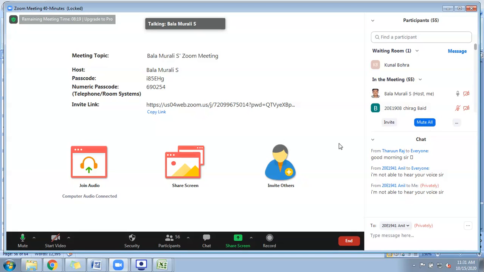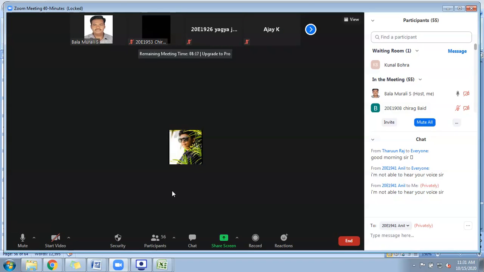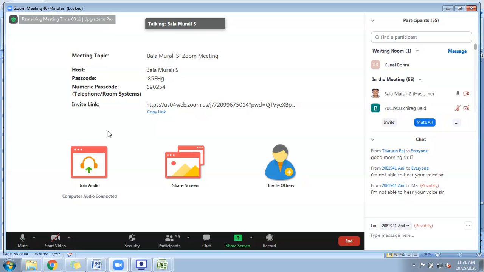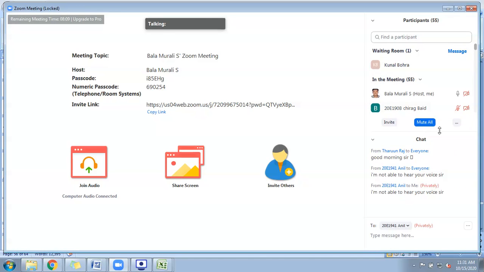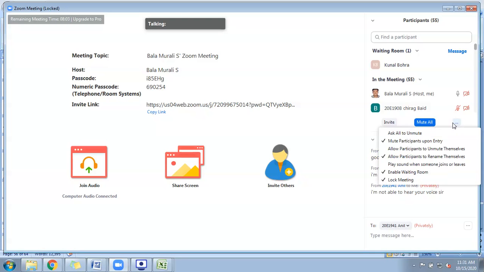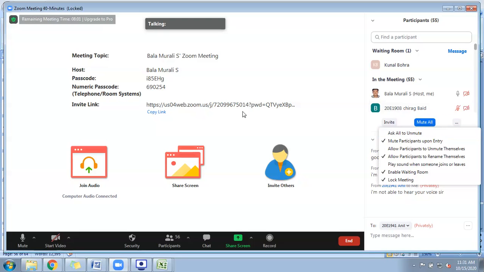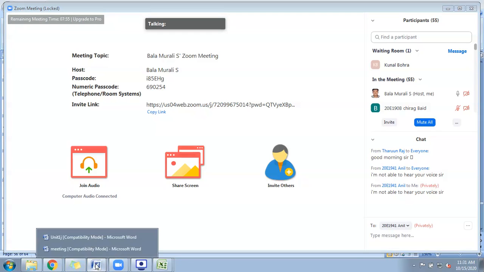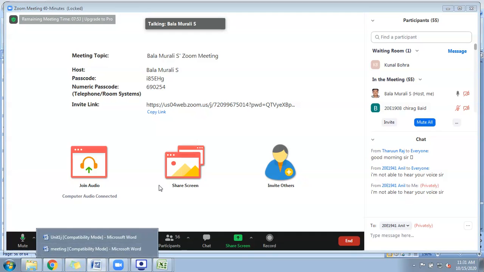Have you understood the trading account and what is the purpose it is used for? You can unmute yourself. Any doubt, any clarifications on trading account?